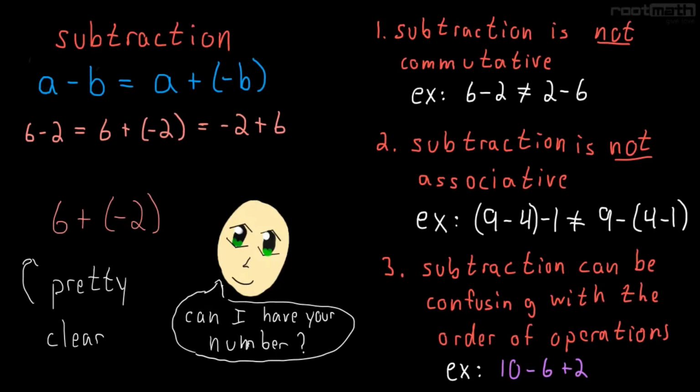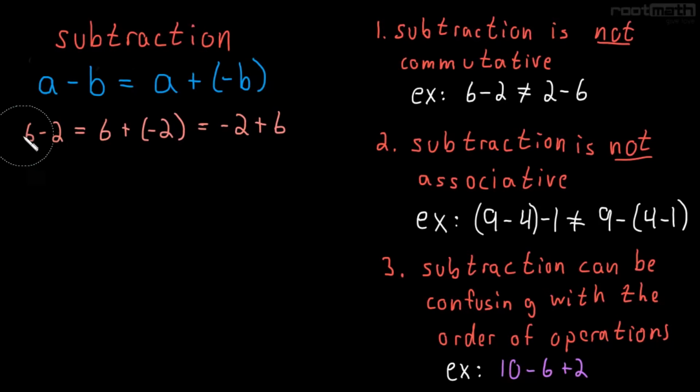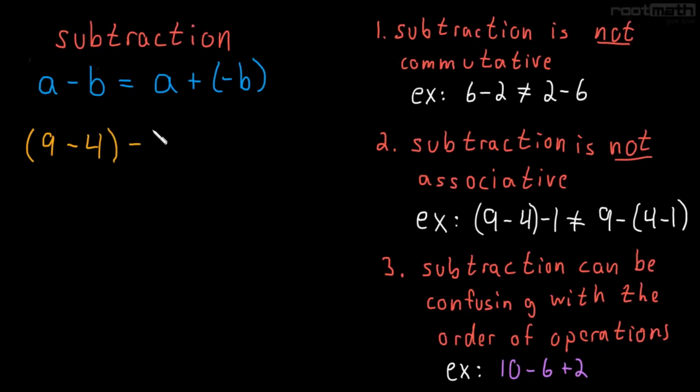Let's talk about what happens with associativity when we think of subtraction as addition of a negative number. Well, subtraction really does become associative again because we're turning it into addition. So let's just look at our example here. (9 minus 4) minus 1 is equal to 9 plus negative 4 plus negative 1.